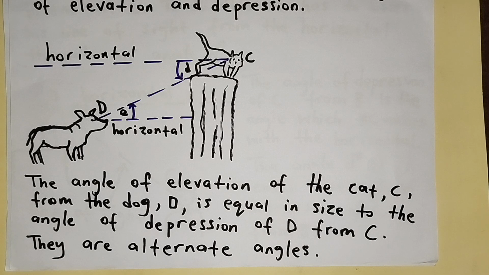So here the connection is that this angle of depression of D from C is equal to this angle of elevation of C from D. So they are alternate angles.